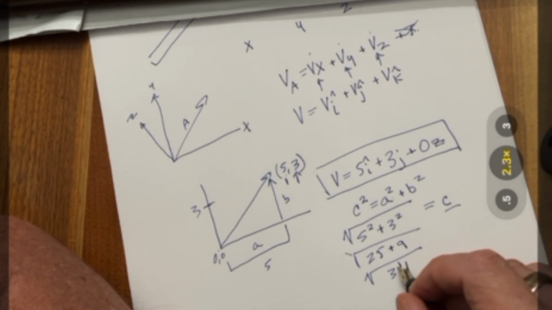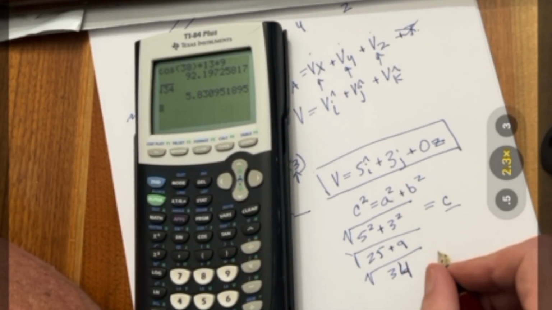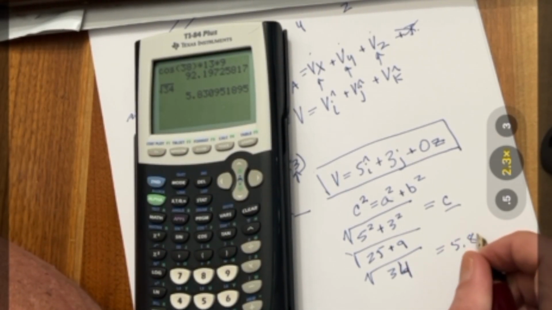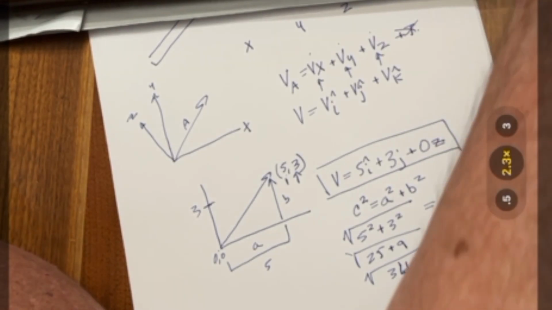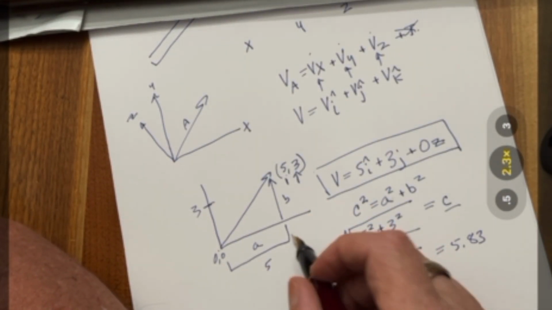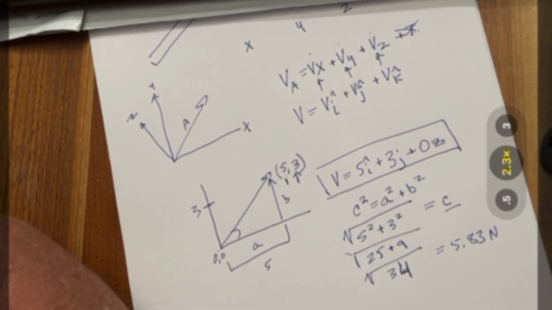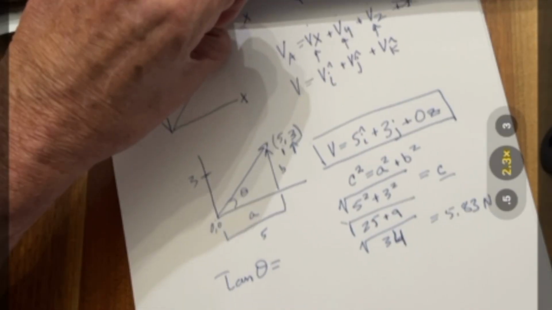So c will equal the square root of 34. That equals 5.83. What's the 5.83? Well, if we're looking for this in newtons, that would be 5.83 newtons.